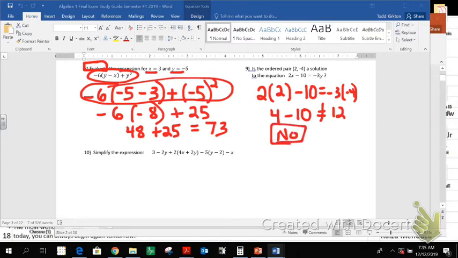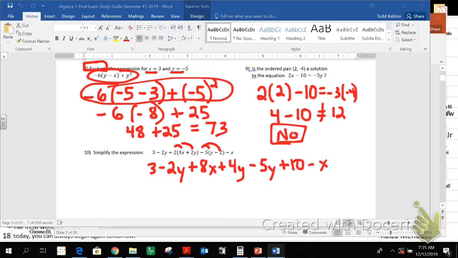Down here, a lot of simplifying. This is not a solving. This is a combining like terms. So the first thing I'm going to do is distribute. I'm going to rewrite everything. So I have plus 8x plus 4y. And then I'm going to distribute again. That's a negative 5. So I have a negative 5y plus 10 minus x.